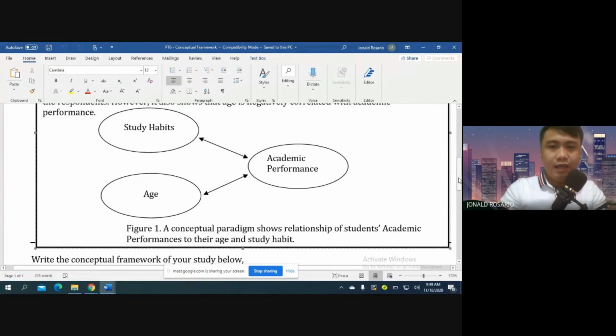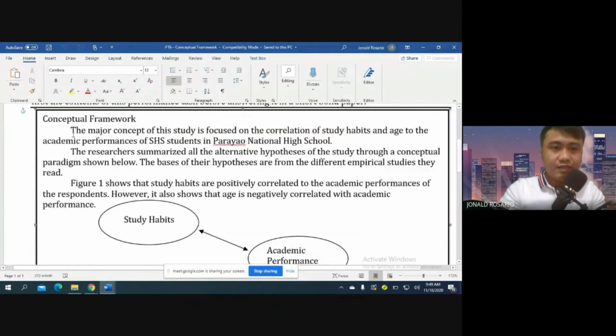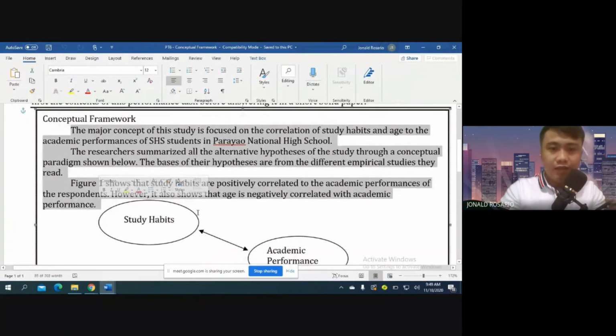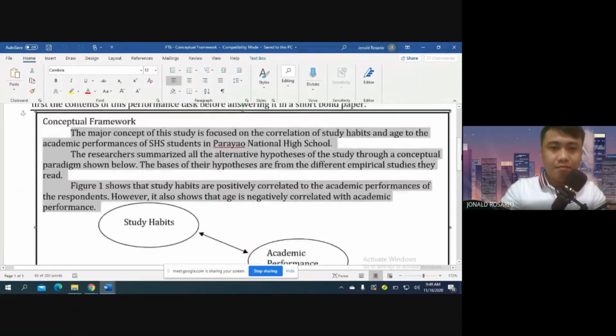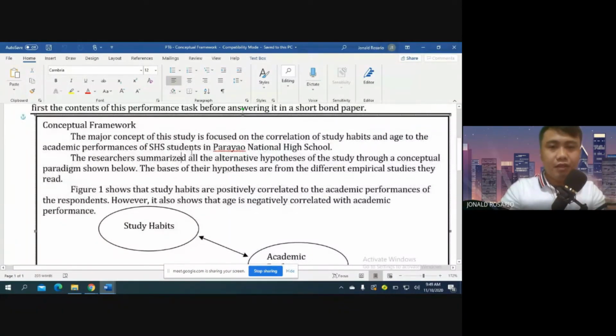At nakalagay sa taas, diniscuss kung ano itong ating conceptual paradigm. As you see, dun sa first paragraph, diniscuss lang naman yung focus ng study, at yung focus ng study, ito mismo yung inyong topic. Focus siya sa correlation ng study habits doon sa edad at sa academic performance ng mga senior high school students sa Parayao National High School.